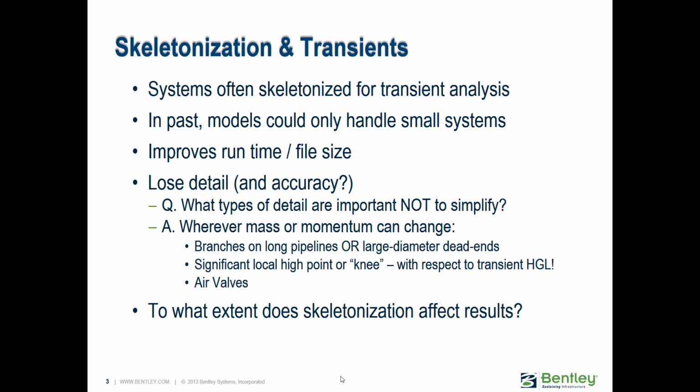So things like branches on long pipelines and large diameter dead ends, where you will likely have a significant transient that will still propagate there and not be dissipated at that point.